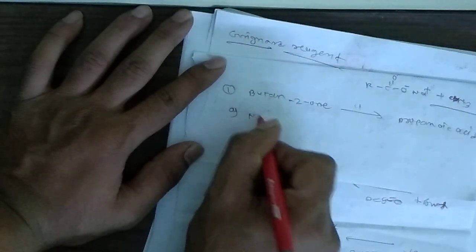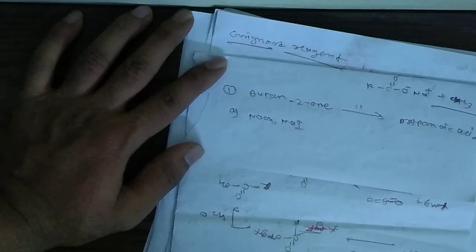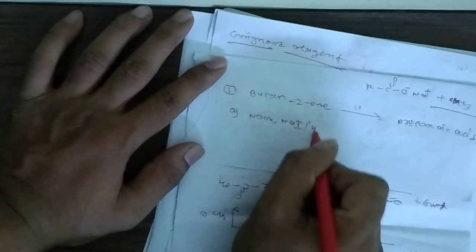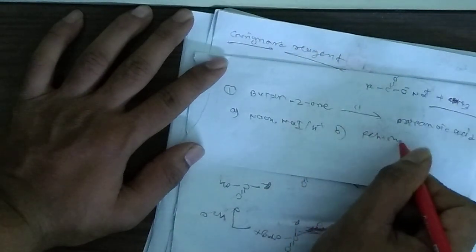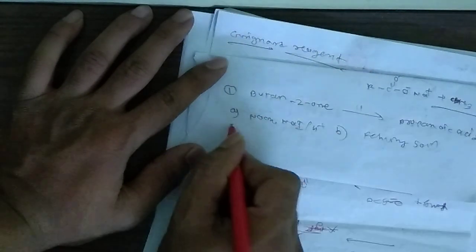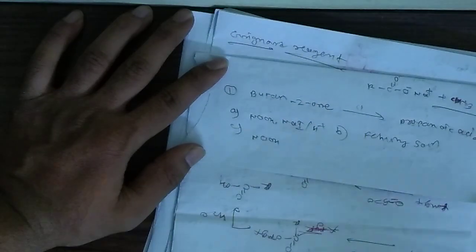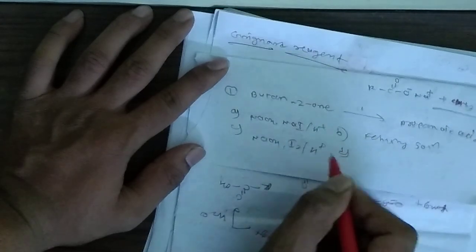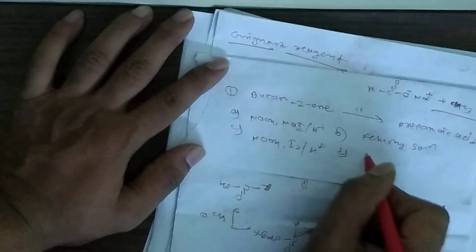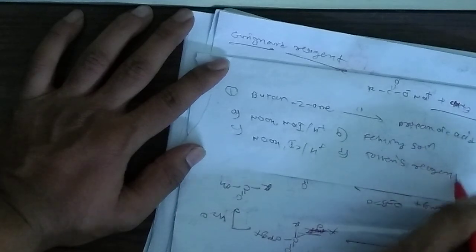First one is NaOH, NaI, and H plus. Second one is Fehling solution. Third one is NaOH, I2, then H plus. Last one is Tollens reagent.